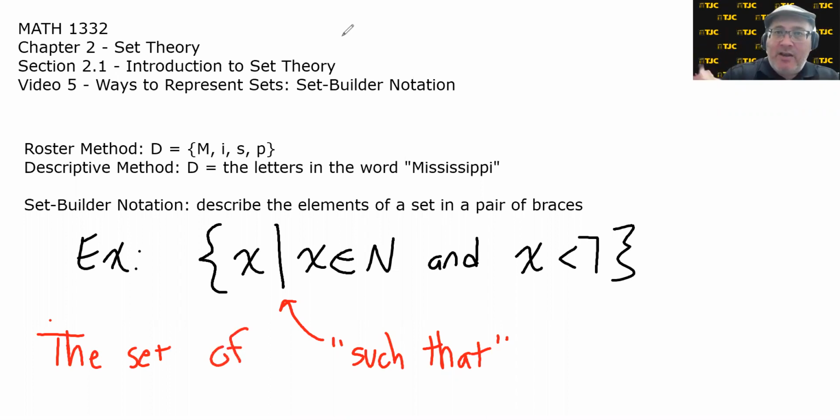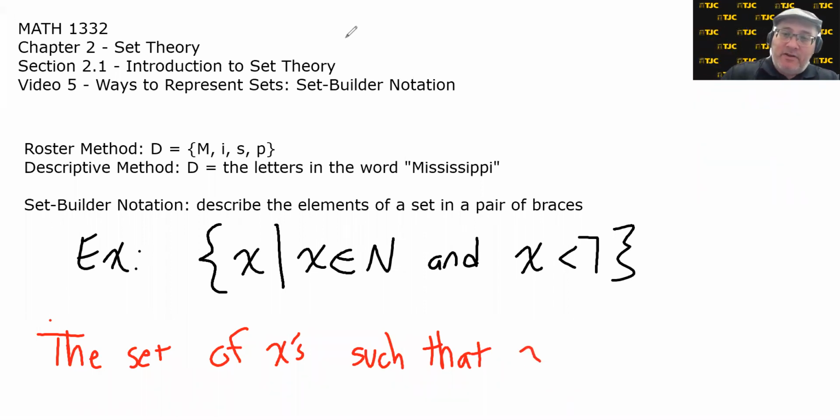Then you say whatever the variable's name is, usually as a plural, the set of x's. The vertical line is read such that, and then you just read off the rest of it.